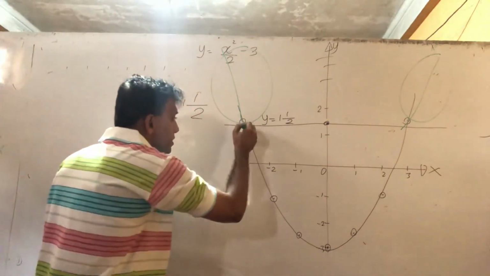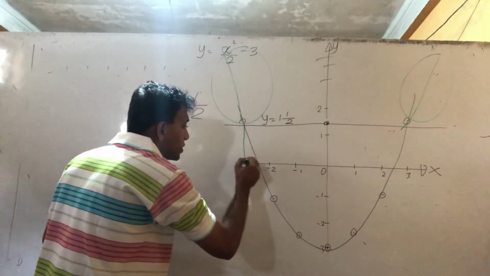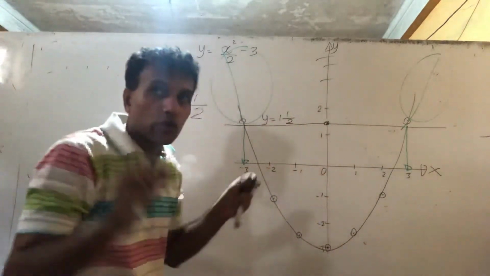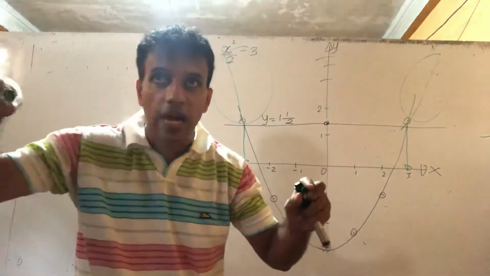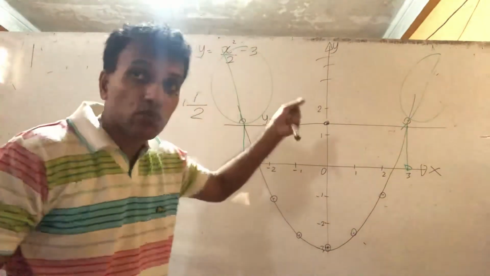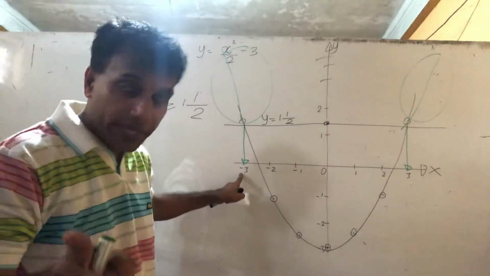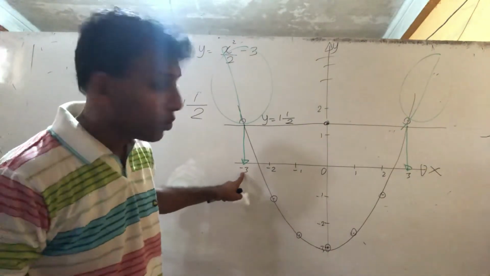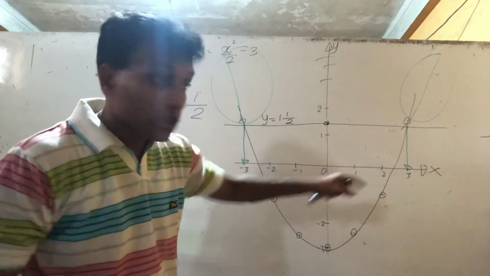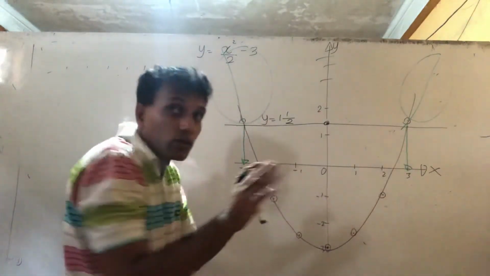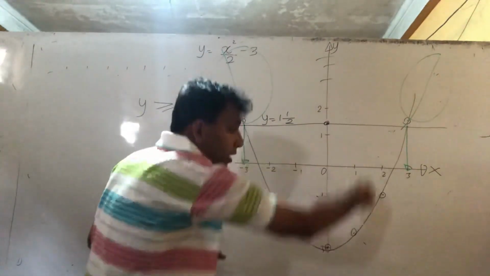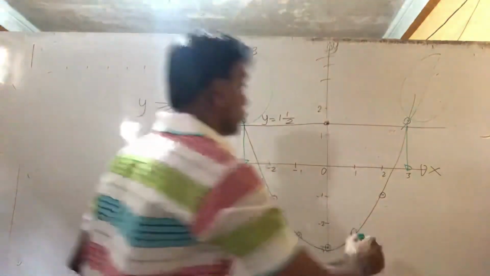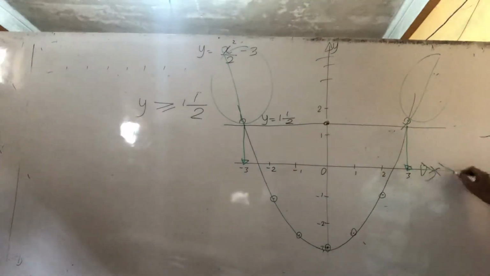It cuts here. See vertically somewhere here. This point. First you find where the line and the parabola cut and see the corresponding x values. I think x is nearly minus 3. Yeah, minus 3 here, and plus 3. So not between minus 3 and plus 3, because between is this part, but larger, therefore this side.